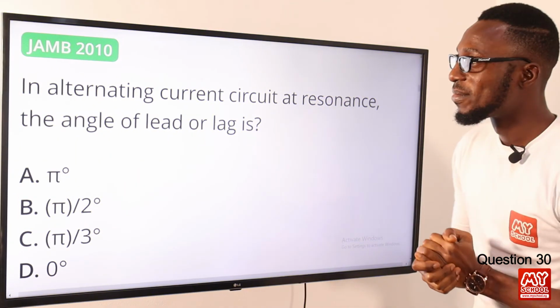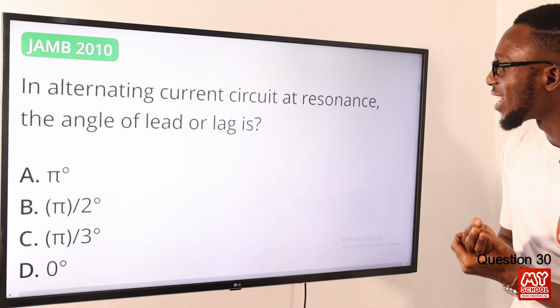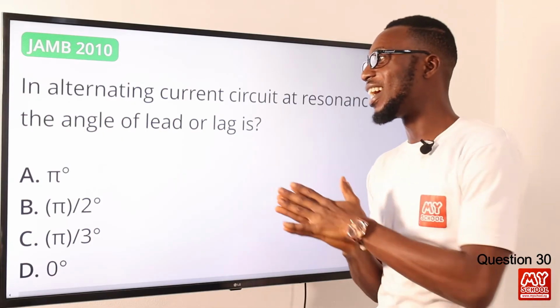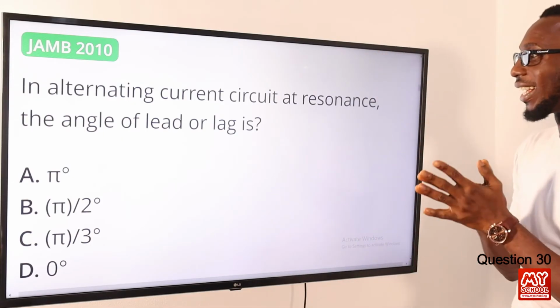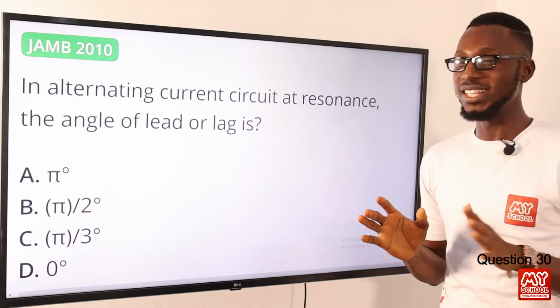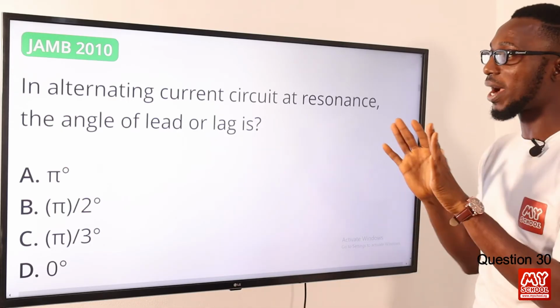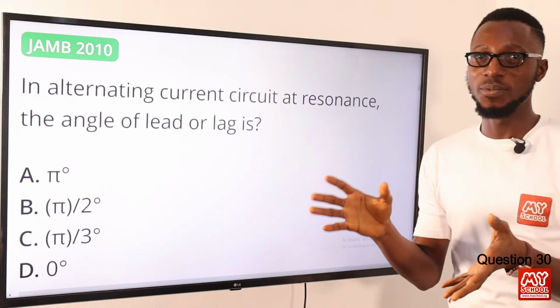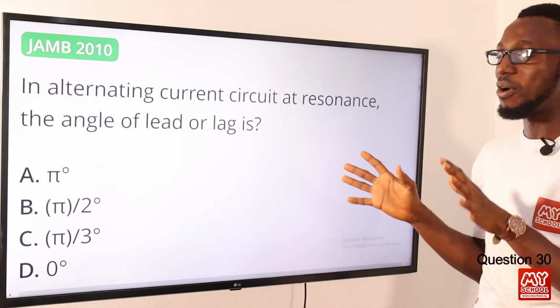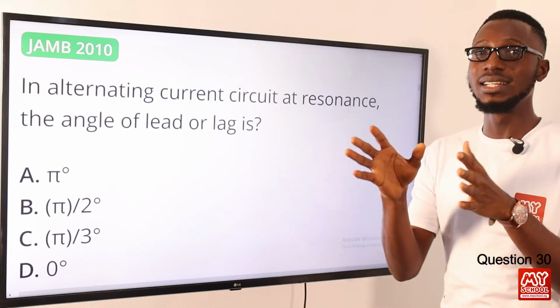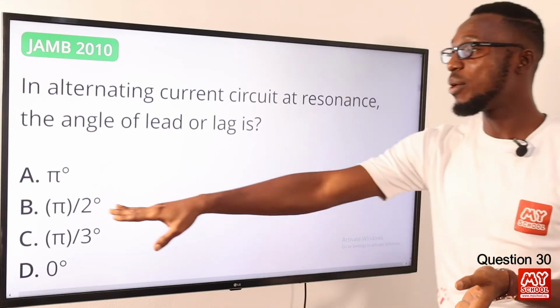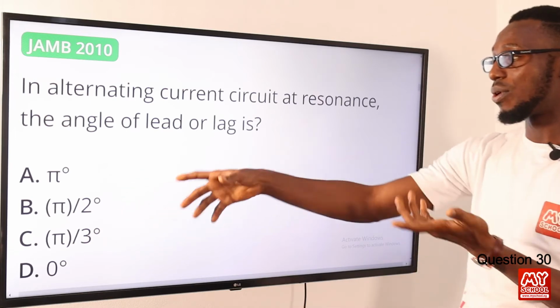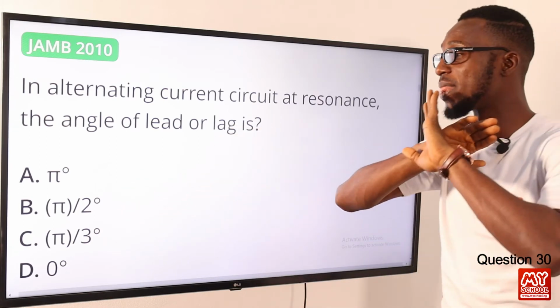Question 30. In alternating current circuits at resonance, the angle of lead or lag is what? Now take note of this. When it comes to capacitors, it is the current that is leading when you compare it to the voltage. So the leading will be by pi over 2, in radians, so I just say 90 degrees.